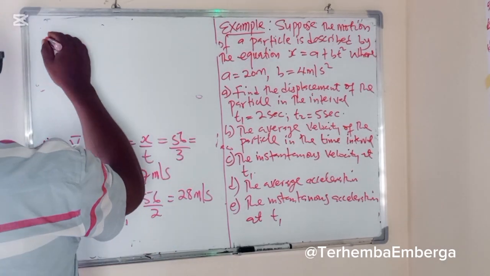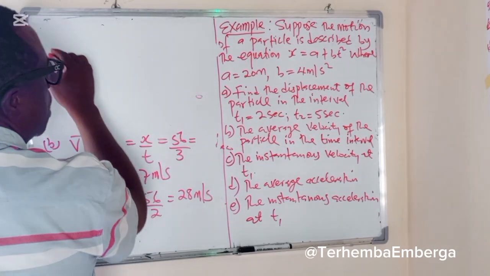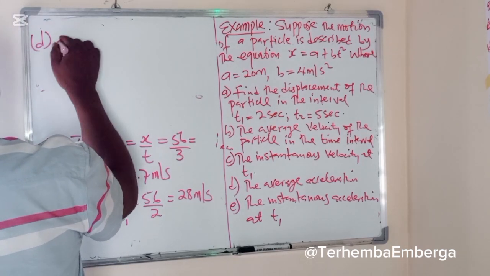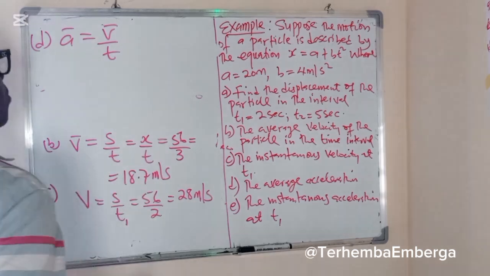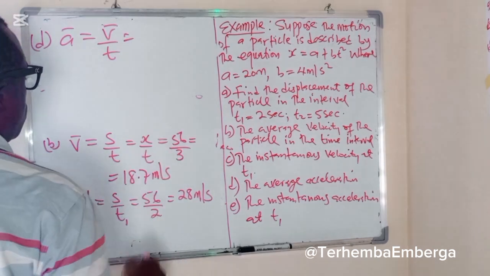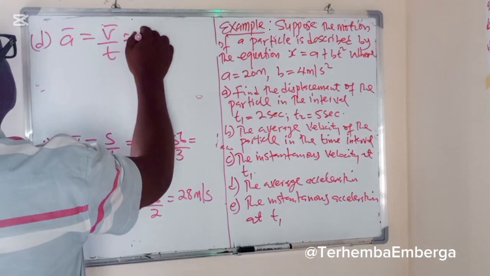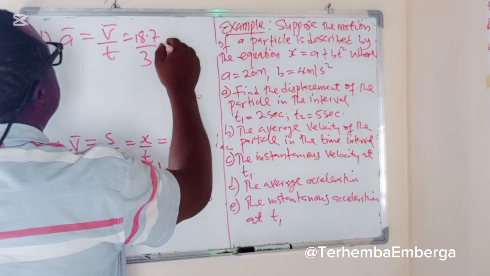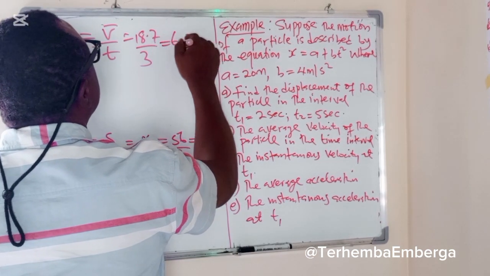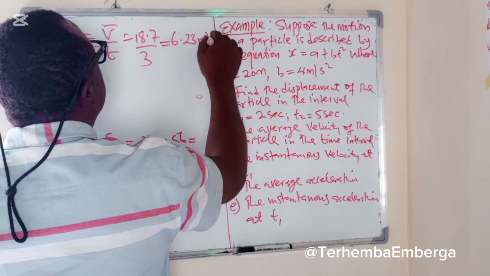It is 3. So the D part of it, average acceleration, is equal to average velocity over time, which is equal to 18.7 divided by 3. That gives us 6.23 meters per second squared.